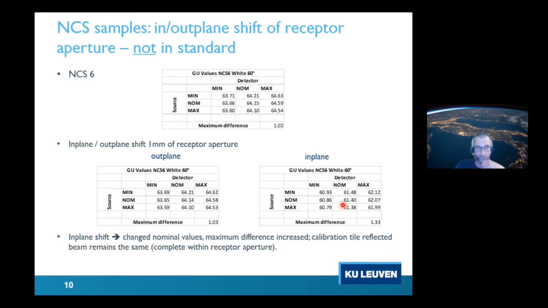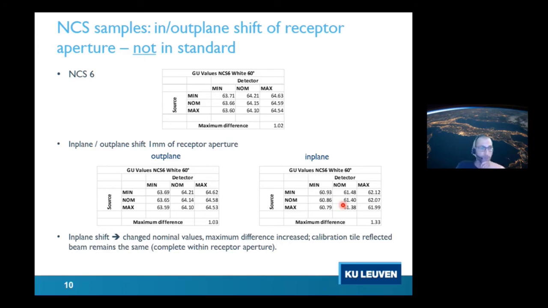You can have large differences between different gloss meters just because the apertures are positioned slightly differently, or are a little bit smaller or larger. It does make a large difference.